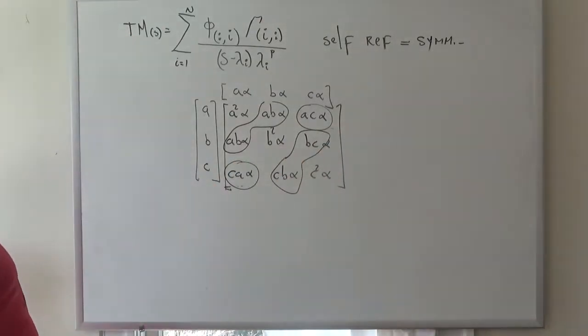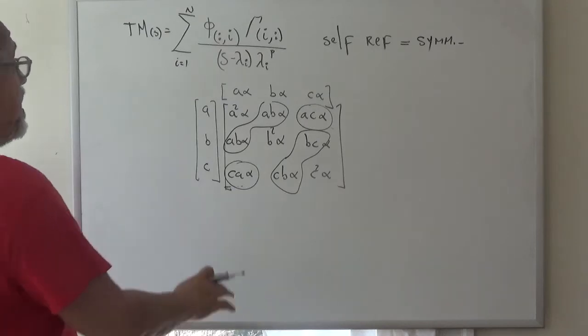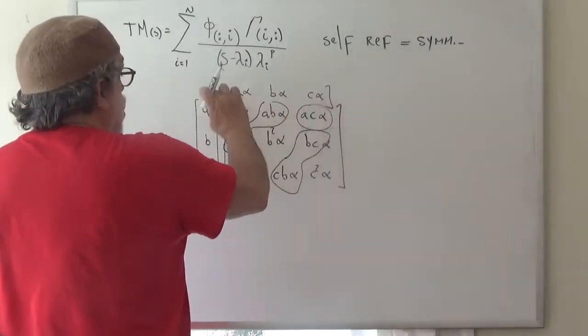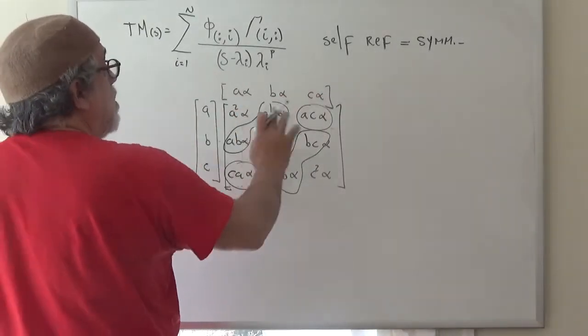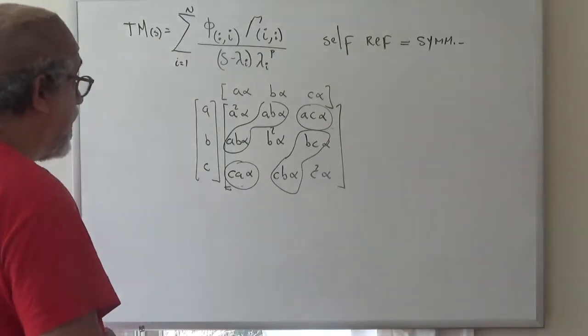So the matrix is symmetric, but if this vector here was not proportional to this one, the matrix would not be symmetric.